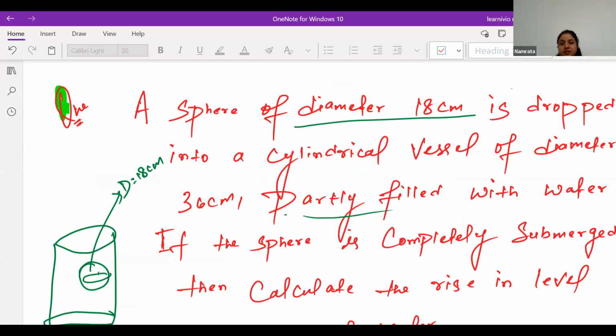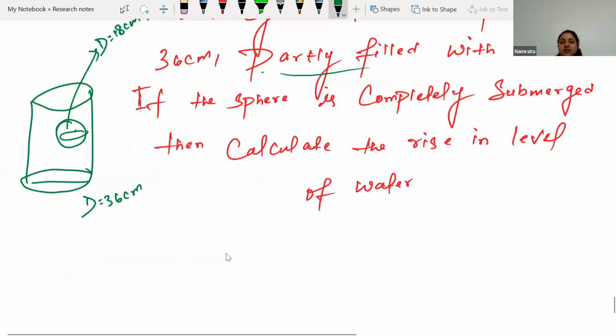Exactly. Volume of water increased will be equal to the volume of a sphere, because once you drop the sphere, it will occupy volume, and that will be equal to the volume of the water which is rising.